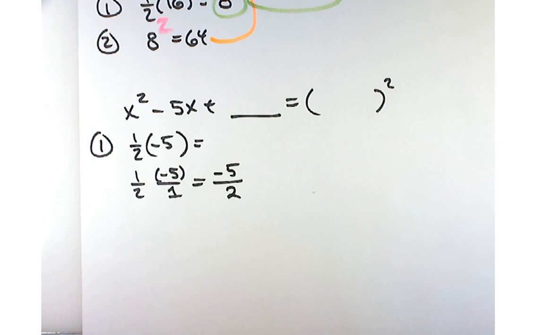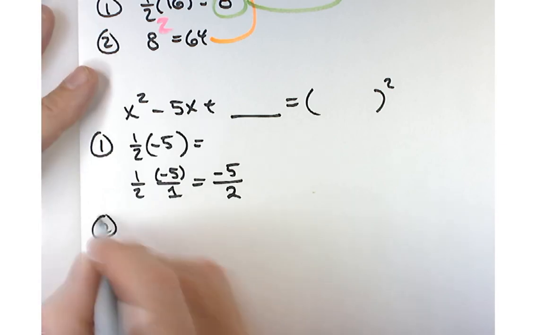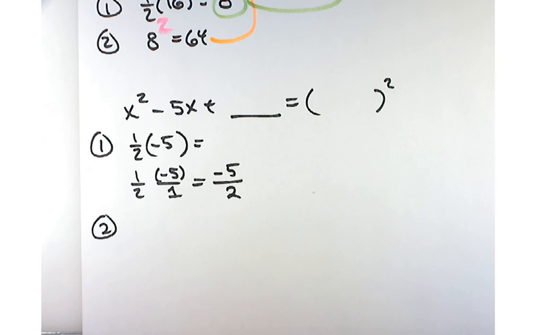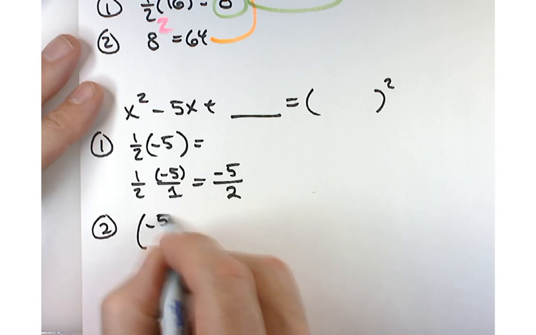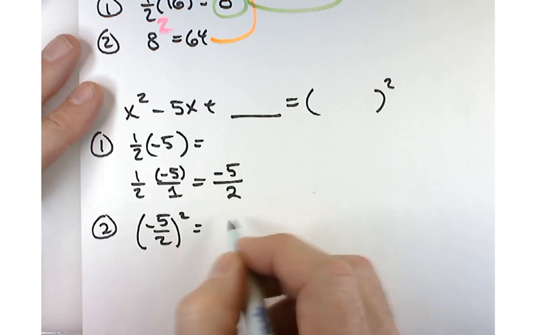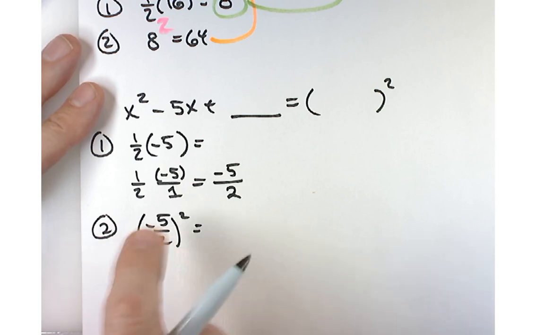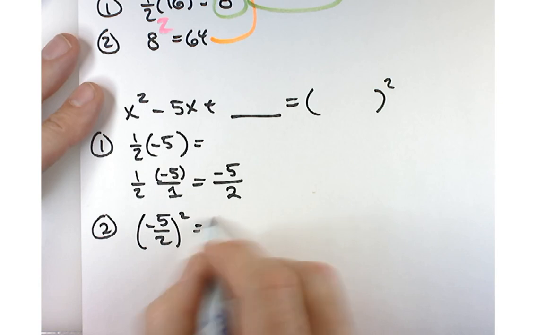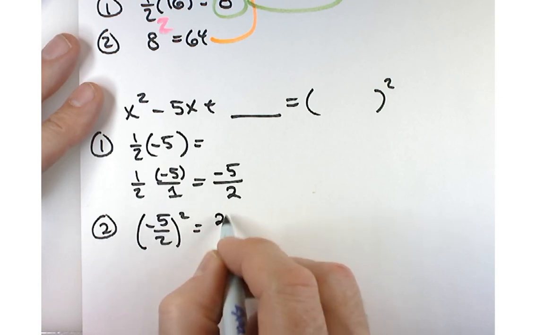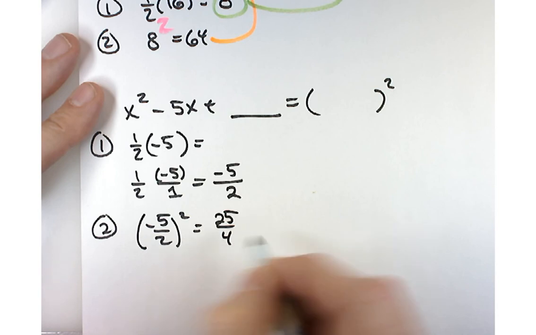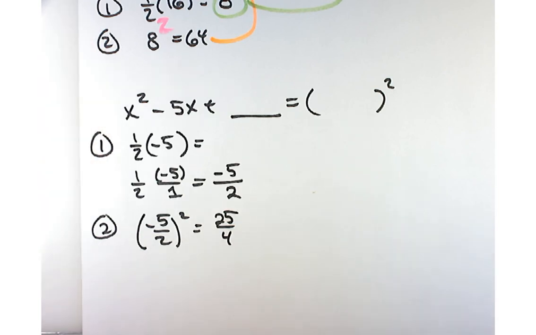So that's the first part. What do I do with the negative 5/2? Square it. Yeah, square it. So negative 5/2 squared. When you square a negative number, you get a positive number. So it's going to be positive. What's 5 squared? 25. Over 4. So the 25 and the 4, those are your two magic numbers.